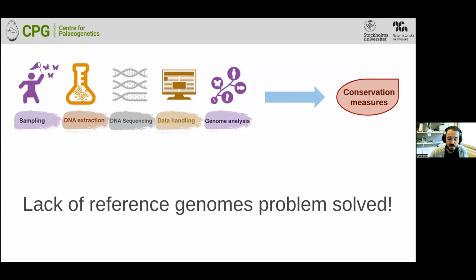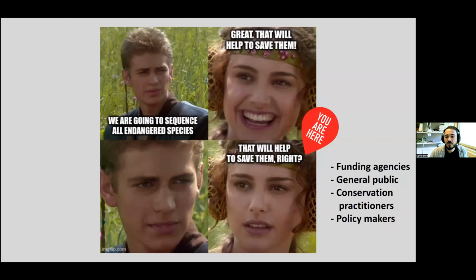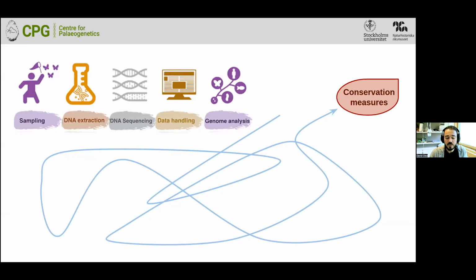Unfortunately, the reality is much more complicated, and the path from genome data to conservation measures is not so straight. It looks more like a path like this, and the reasons are multiple.